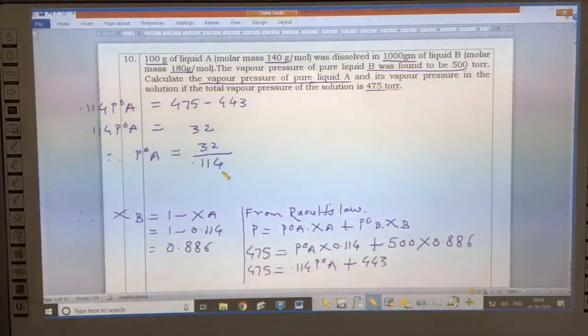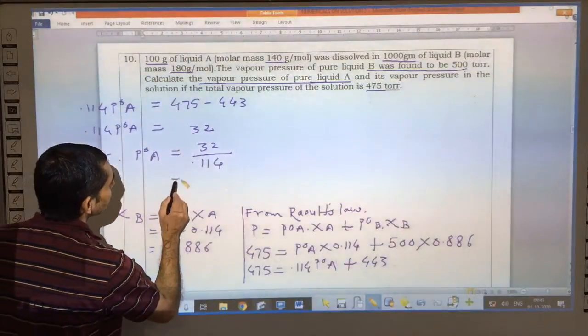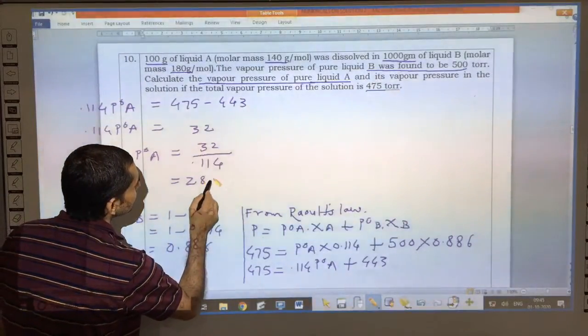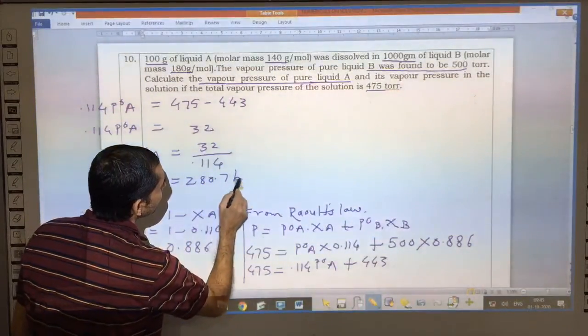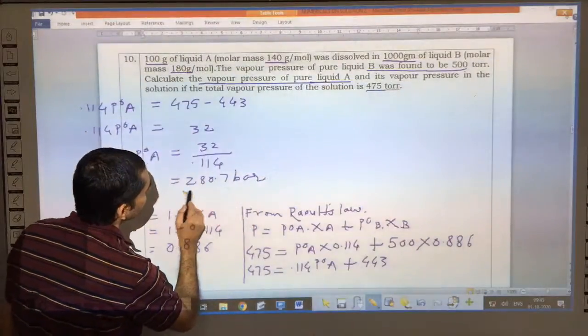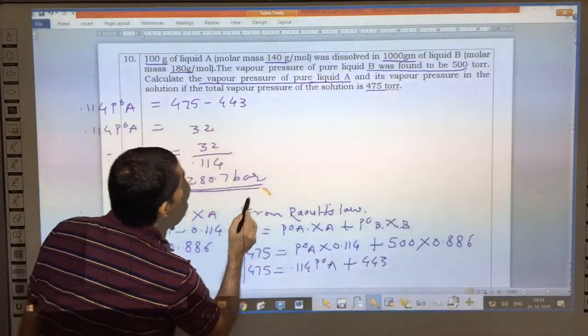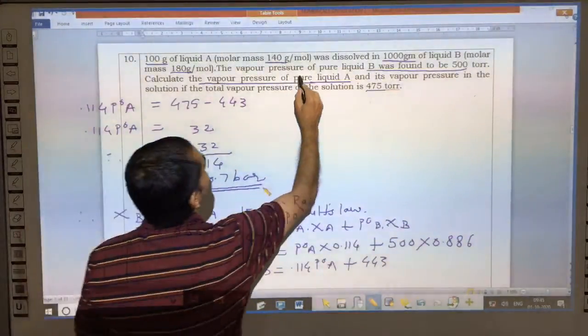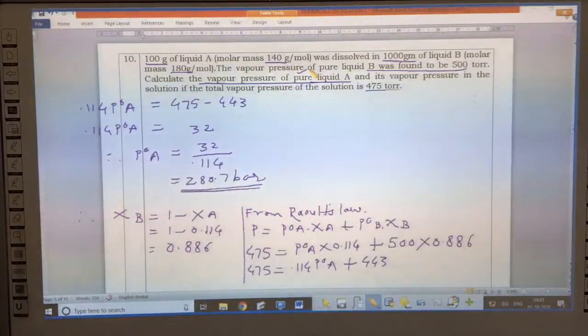You divide it, and this is coming to be 280.7. P naught A is 280.7. Now this is the vapor pressure of pure liquid A.